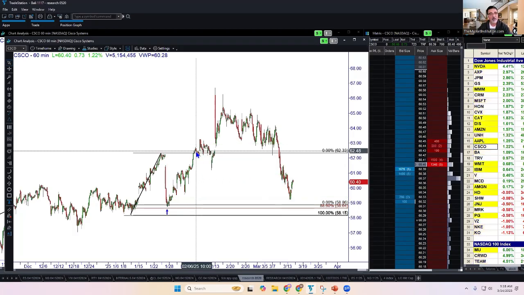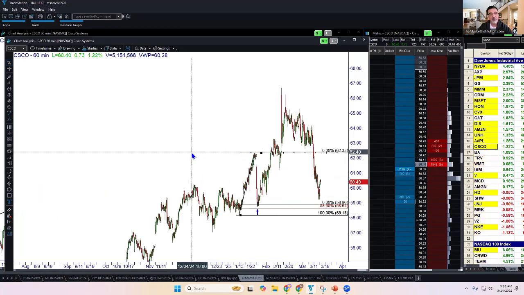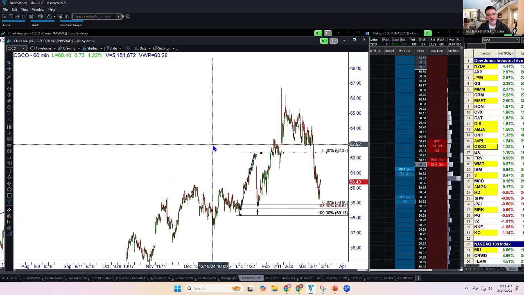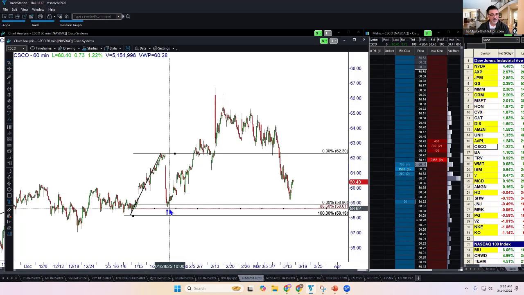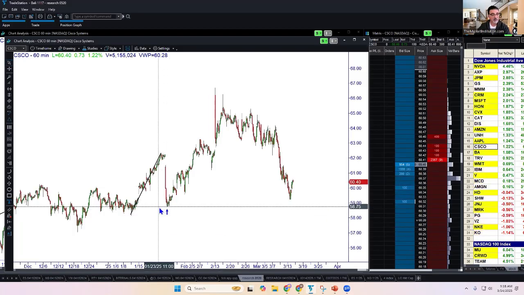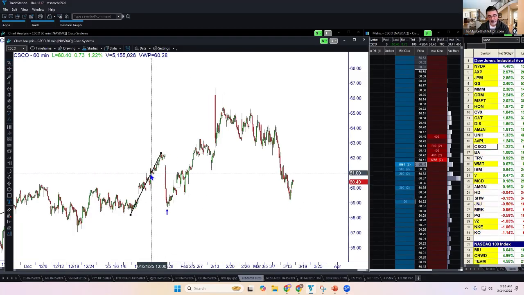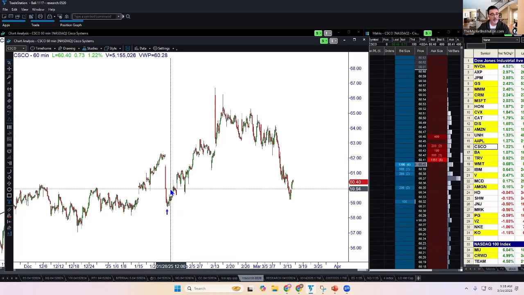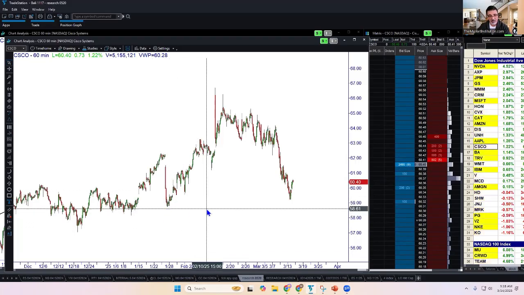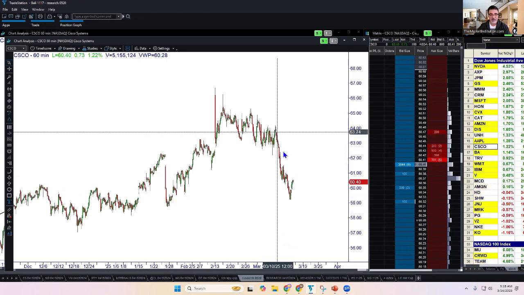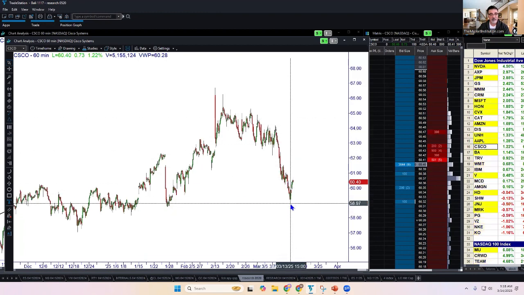Now, we utilize the left-hand side of the chart and we find these retracements and extensions that tend to show up over and over and over again. So using this as a forward-looking technique, we can see that price dropped right here.